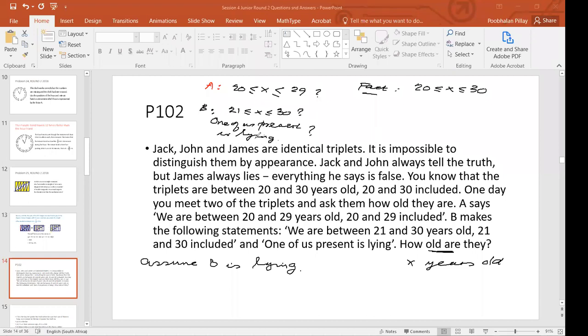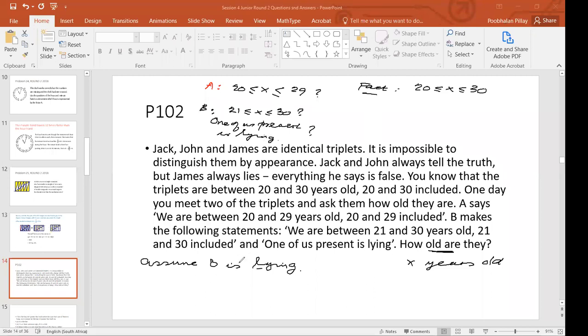But we just said that he is lying. If we make this assumption, it is true that one of them is lying, because I'm assuming this. And here, B says one of us is lying. So that means he's speaking the truth.